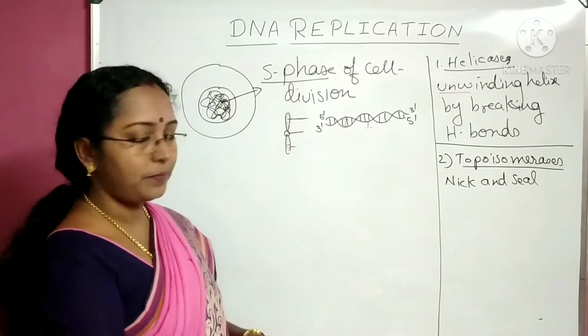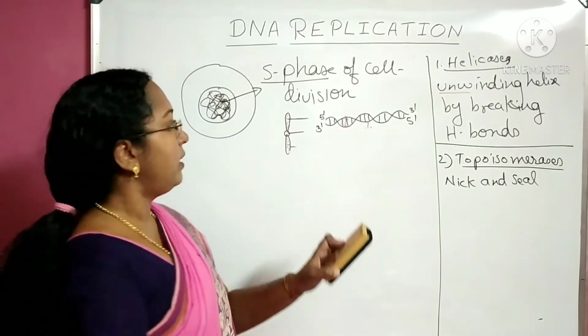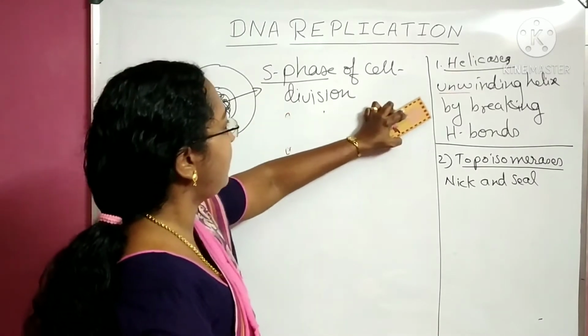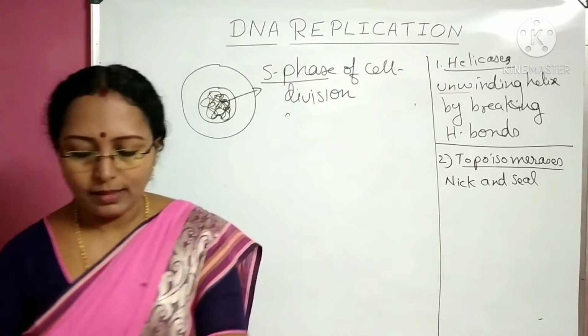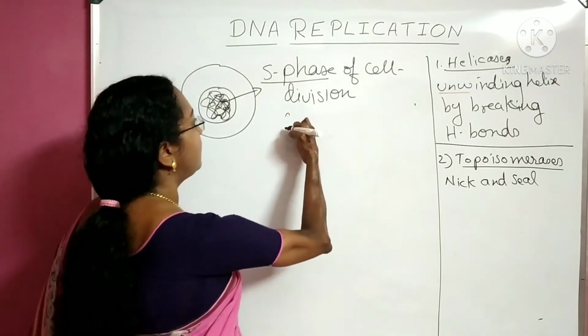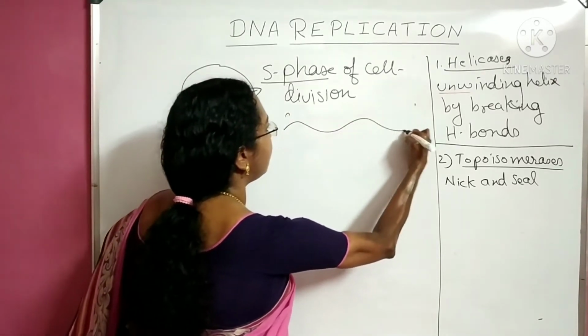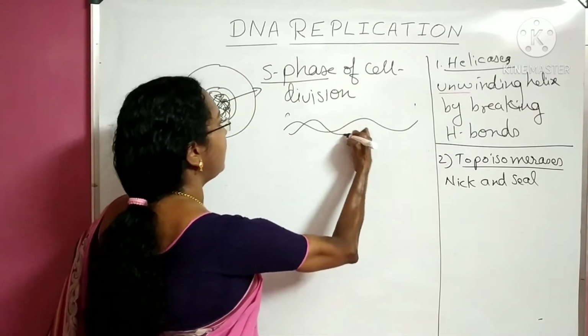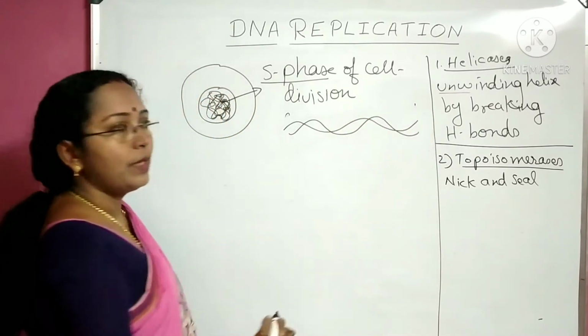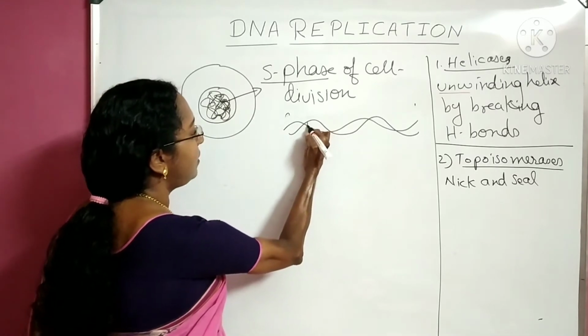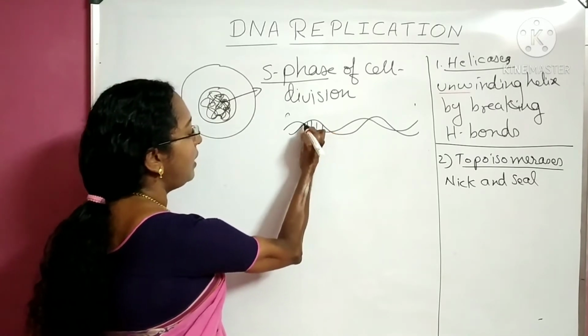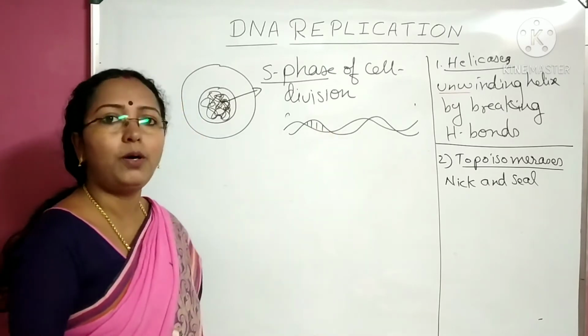Let us see. For that, let me draw this double helical DNA in a better manner. This is the double helical DNA. Now imagine the helicase enzyme is acting here and it is going to break this hydrogen bond.